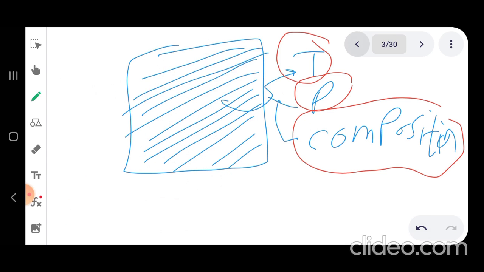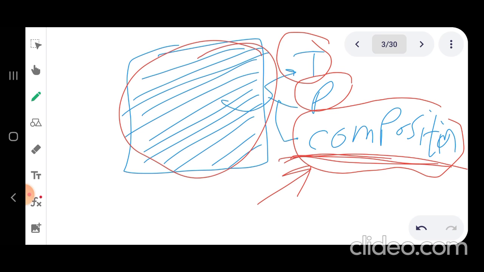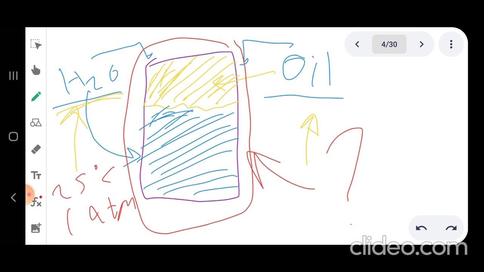But now let's see the third restriction. It says that in order to have one phase, you need to have the same composition everywhere, the same chemical makeup. But if we look at this container, we will find that the composition at this point is different than the composition at that point.